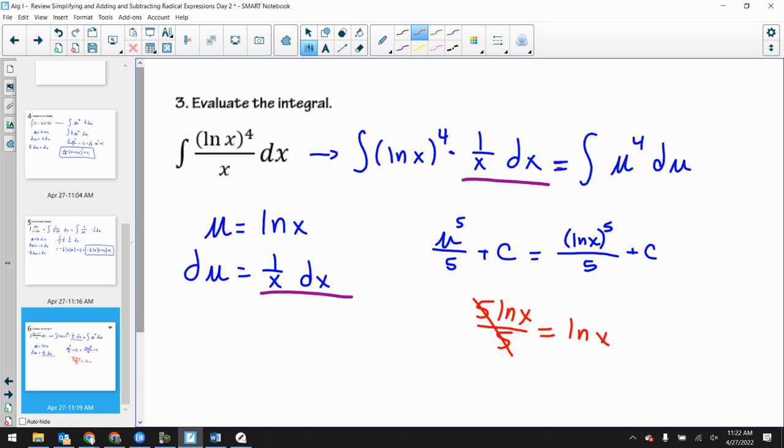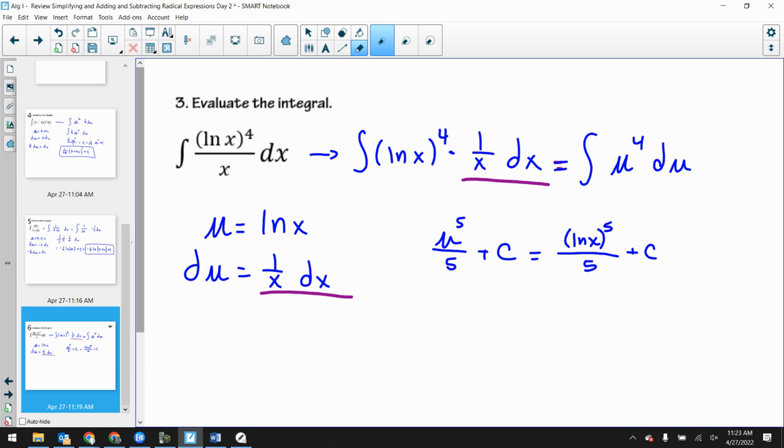However, this is ln of x raised to the 5th power. It's not ln of x to the 5th. You understand? So I was thinking that you could maybe do that, but you can't, because that fifth power is on the whole ln of x, not just the x. If it was just on the x, then you could bring it out front, and you would be able to simplify it like that. Sorry, weird tangent.